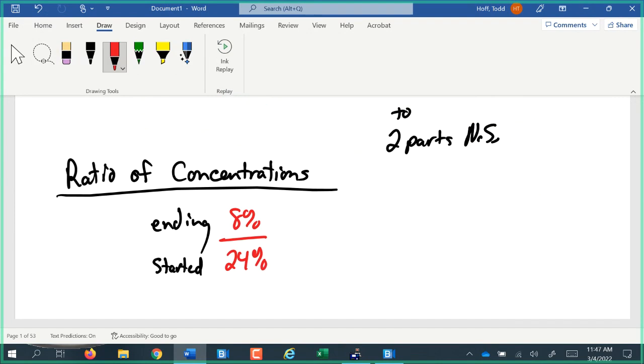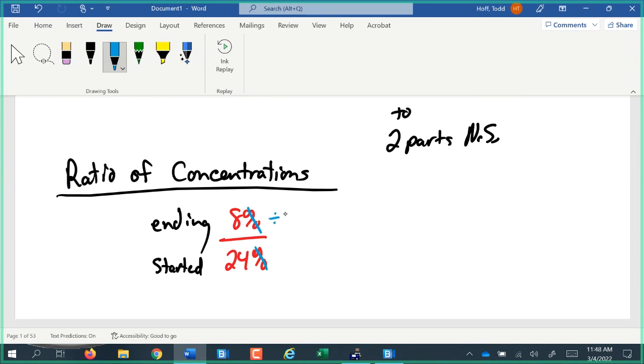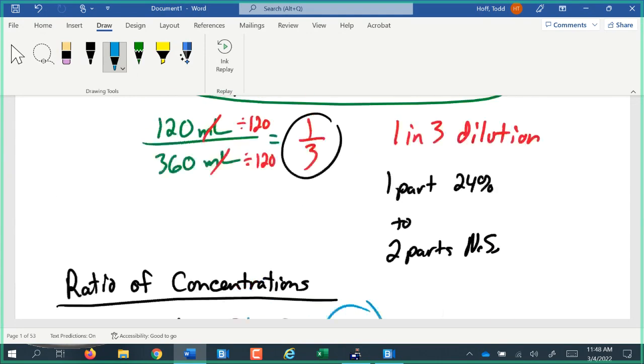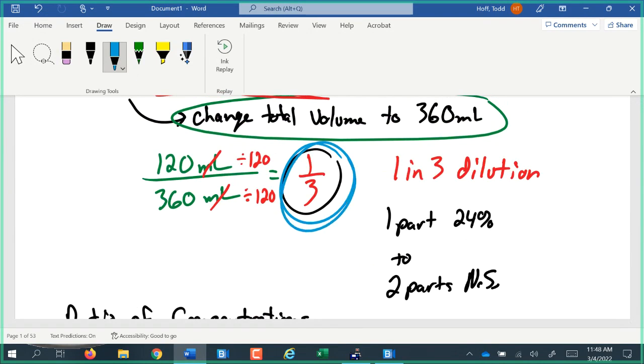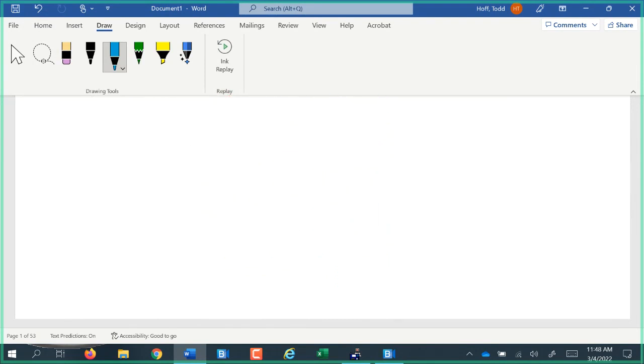If I reduce that ratio of percents, the percents cancel out. Both 8 and 24 divide by 8 and give us a 1:3 ratio. That ratio of ending concentration to starting concentration is the same as the dilution we need to perform to reduce that concentration. Or if we know the dilution, it'll help us tell what the new concentration would be. So let's take a look at some examples.